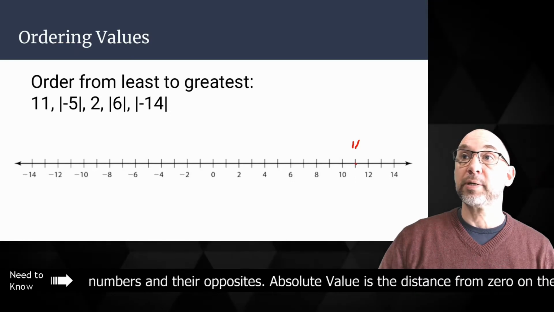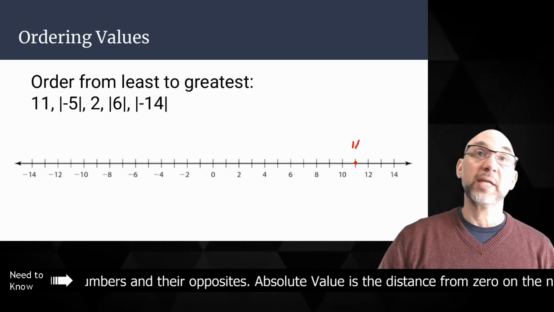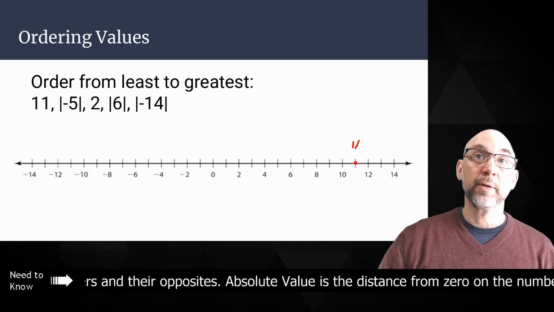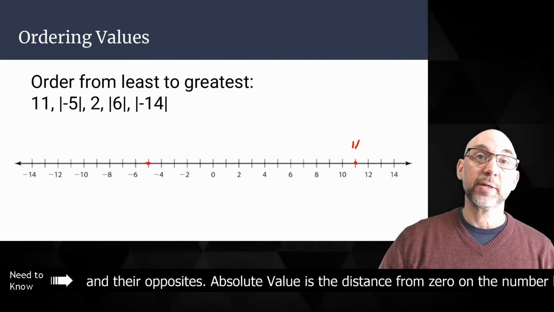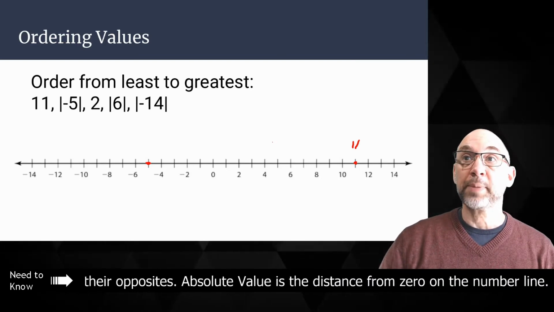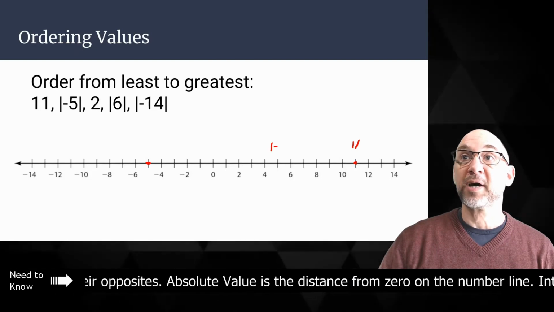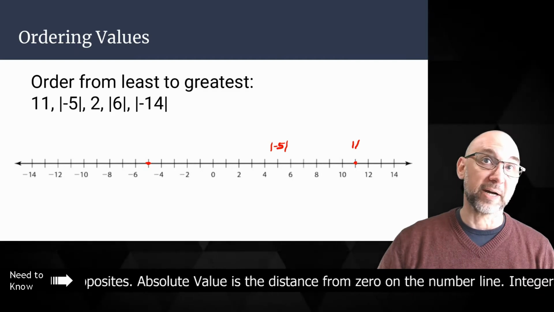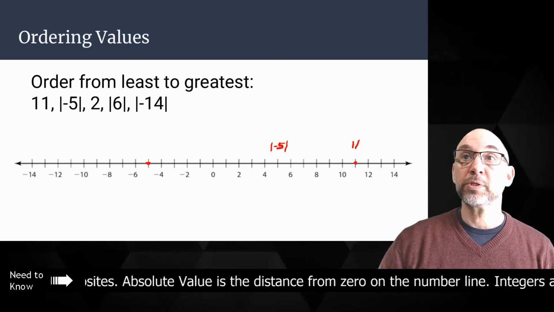So here's 11, right? Next I've got the absolute value of negative 5. So even though the number negative 5 is here, the absolute value of negative 5 is actually 5. So I'm going to put that up here where the positive 5 is, because that's the value of the absolute value of negative 5. Next I've got 2, which of course is right here.